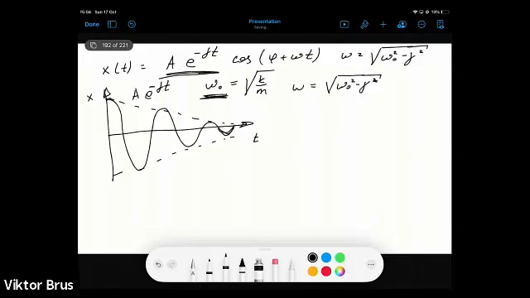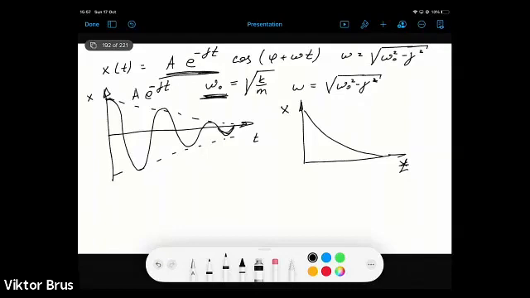And then we will come to the overdamped case, and there will be no oscillation. As we discussed at the beginning, here is t and here x. It will be some exponential decay without any periodic motion. But for the underdamped case, we still observe periodic motion, but with exponentially decaying amplitude.